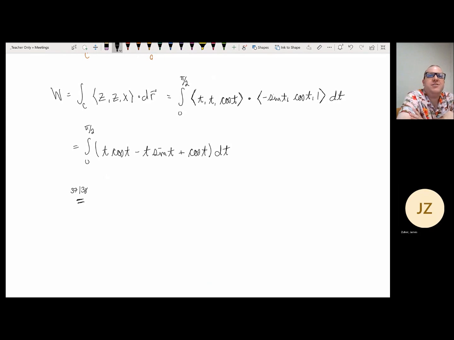Formulas number 37 and 38 will give you t cosine t and t sine t. Be careful here. I did mine out of order. Okay.